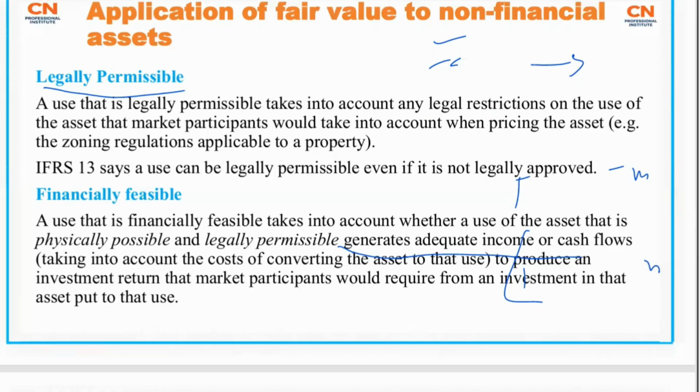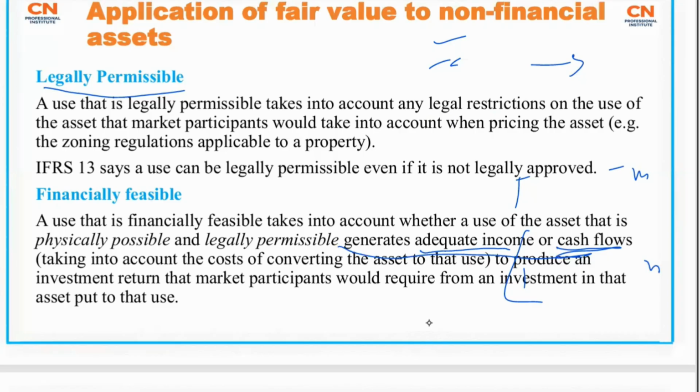So the financially feasible looks at the asset being able to generate adequate cash flows. Therefore, before you price the asset or before you buy the asset, you have to look at the asset being able to generate adequate income or cash flows. Yes, before you buy whatever asset you want to buy, we look at this.